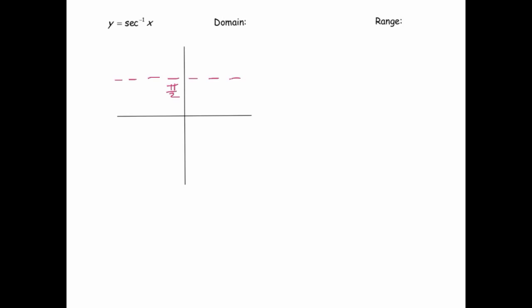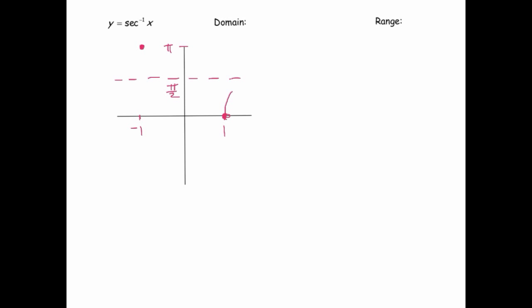We know that the secant of 0 is equal to 1, which means that secant inverse of 1 must equal 0. And we also know that the secant of pi is equal to negative 1, which means that secant inverse of negative 1 is equal to pi. And then we know that secant is not defined on the interval, or has no output values, in between 1 and negative 1.